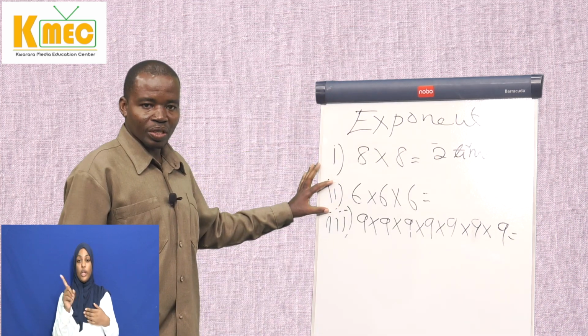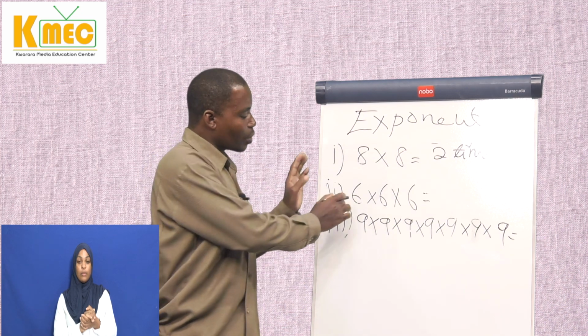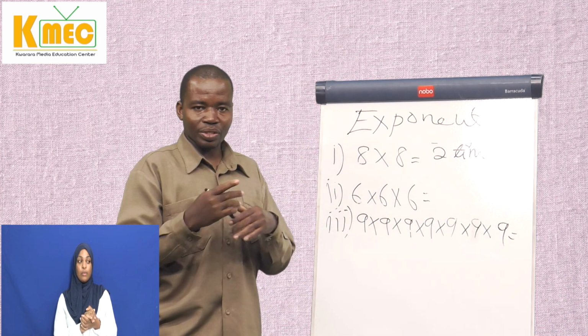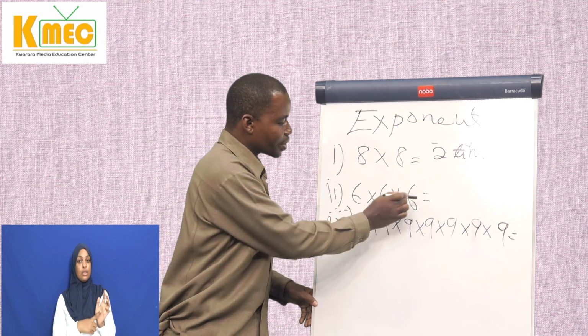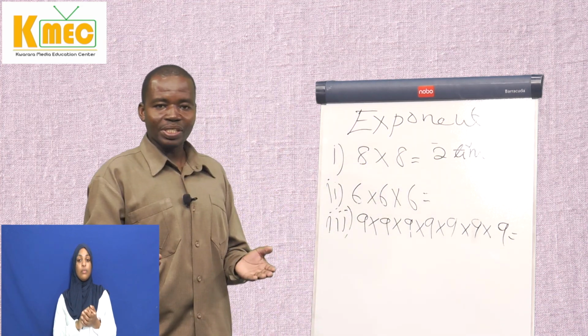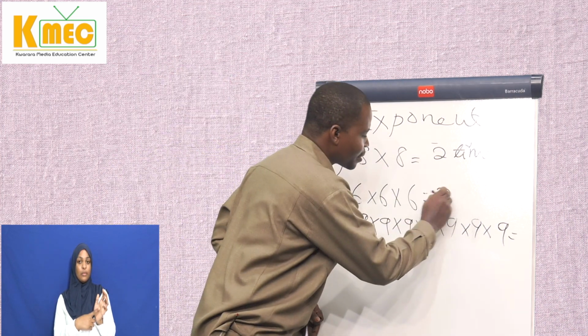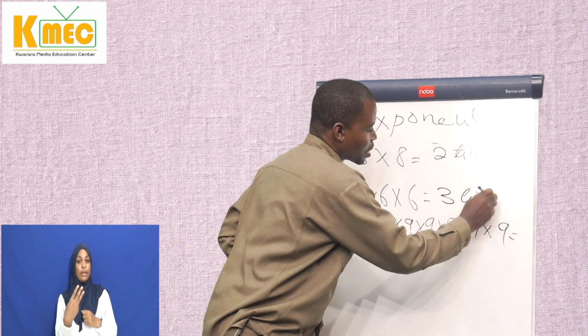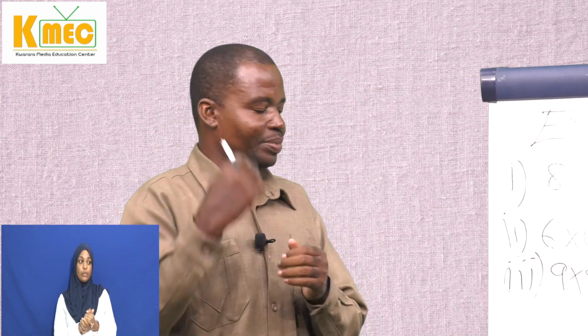Example number 2. So 6 by itself, we just count. 6 multiply by itself 1, 2, 3. How many times? Well, it multiplies 3 times. 6 multiply itself 3 times.